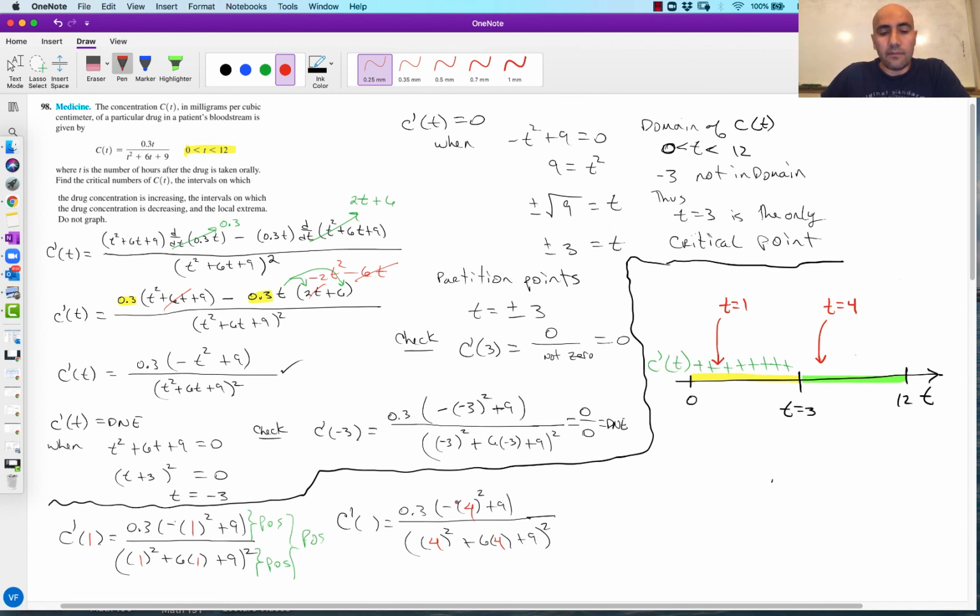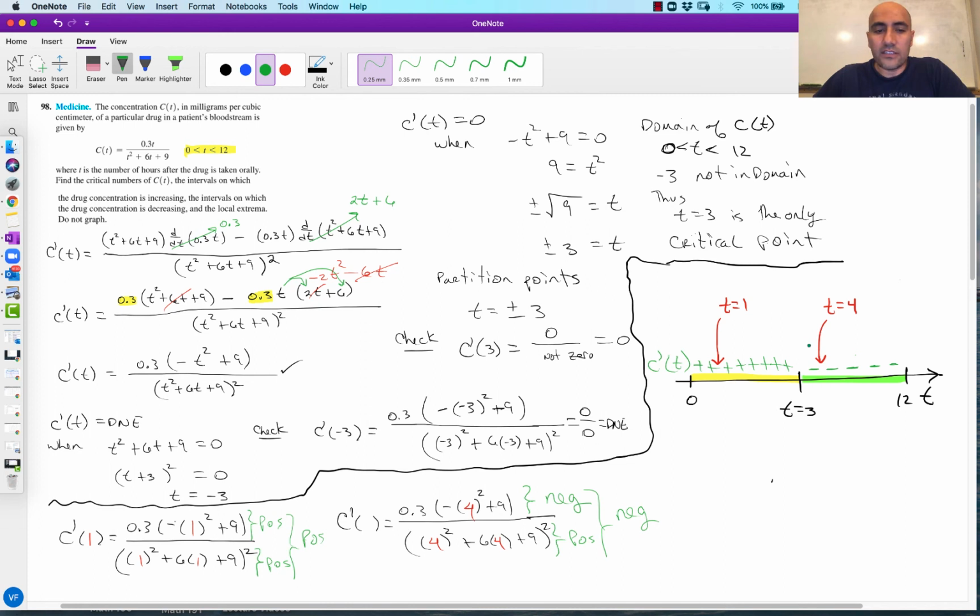Okay, so this is going to end up being negative 16 plus 9, which is negative 7, times a decimal. It doesn't matter what it is, but I know this is definitely going to be some negative number. And just like we said before, anything squared is going to be positive. So in this little segment, I'll end up with a negative number divided by a positive. I know the whole thing will be negative. So we've established that in this interval, that first derivative, C prime of t, is going to have negative answers.